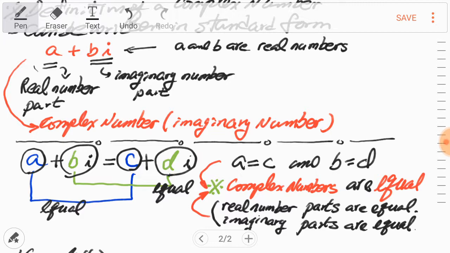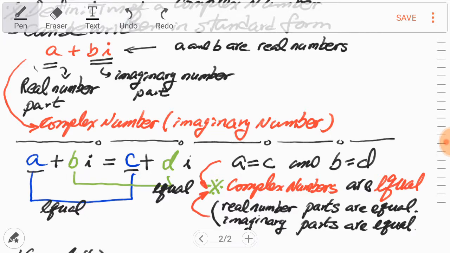Then we call these two complex numbers equivalent. So the real number parts a and c should be equal, and b and d should be equal. Then these two complex numbers are equivalent.